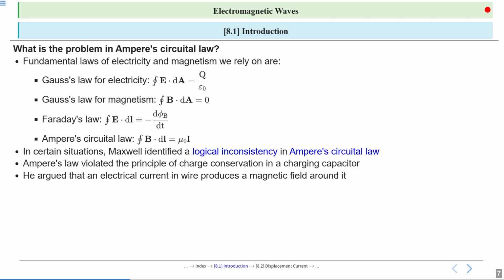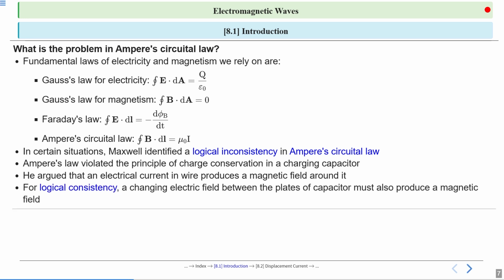He argued that an electrical current in a wire produces a magnetic field around it. This is true. But for logical consistency, a changing electric field between the plates of the capacitor must also produce a magnetic field. So there was a deflection of the needle when it is placed inside the plates of the capacitor.